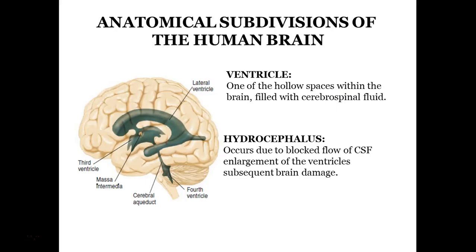So this is the ventricle. As I have already explained, a ventricle is one of the hollow spaces within the brain filled with cerebrospinal fluid. As you can see in the diagram, there is the lateral ventricle, third ventricle, massa intermedia, the cerebral aqueduct, which is also part of the ventricles, and the fourth ventricle. There is one fact: hydrocephalus is a disease caused by the blocked flow of CSF, cerebrospinal fluid.